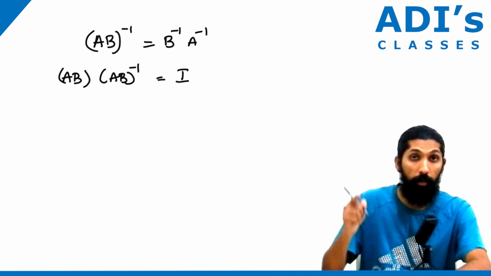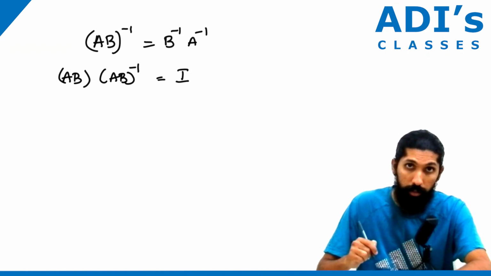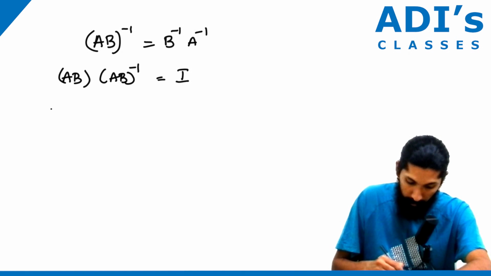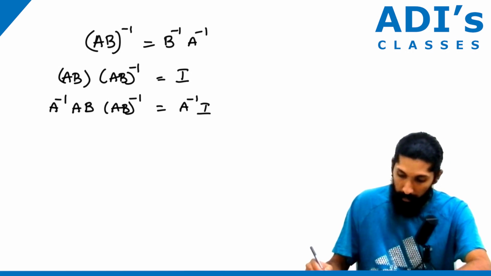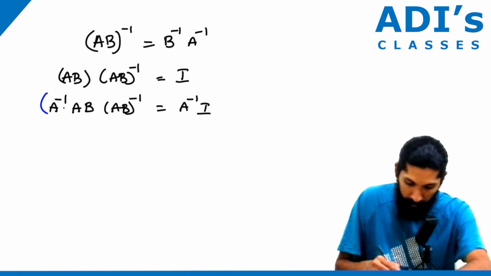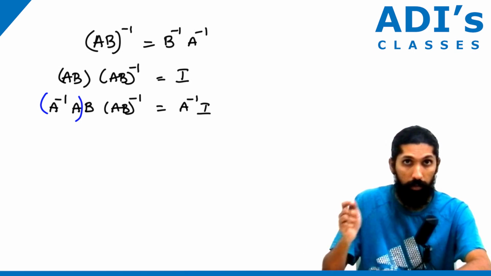Now you multiply both the sides by A inverse. That means we are doing A inverse into A into B into (AB) whole inverse is equal to A inverse into I.